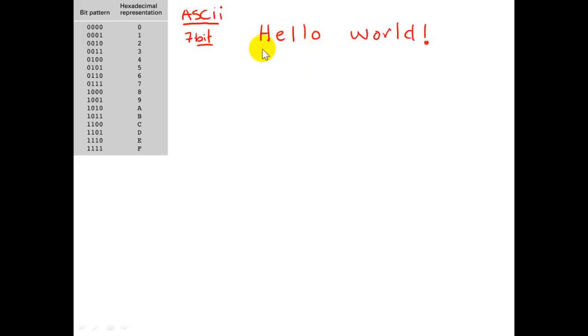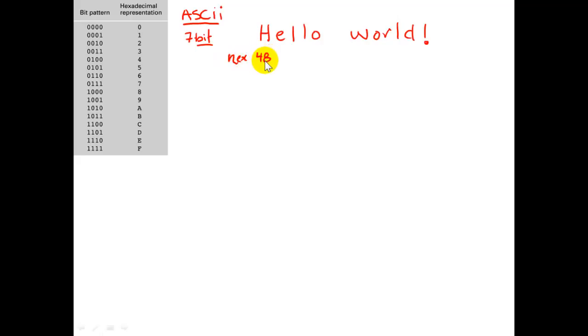So if we look here at Hello World, as far as a computer goes, the uppercase letter H is the decimal value 72, but it's the hexadecimal value 48.